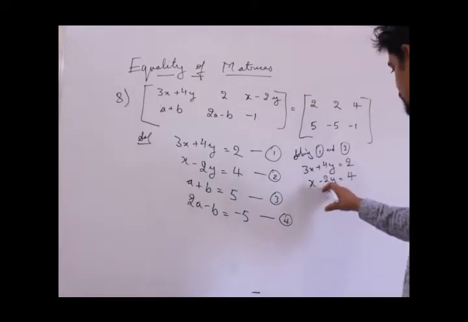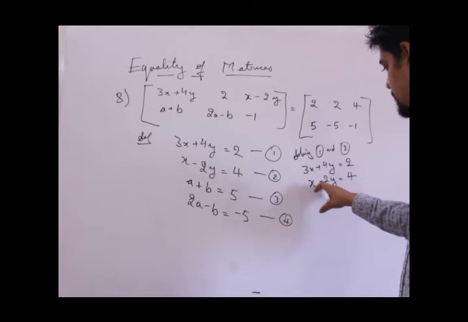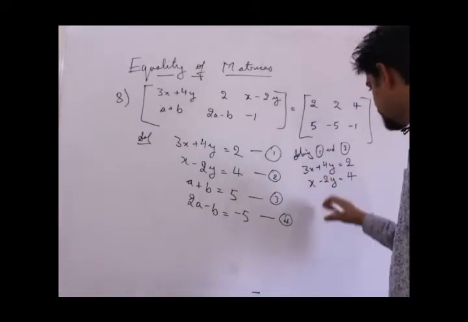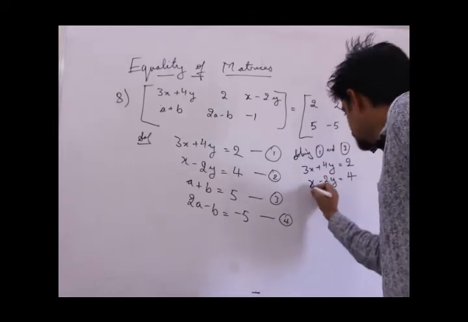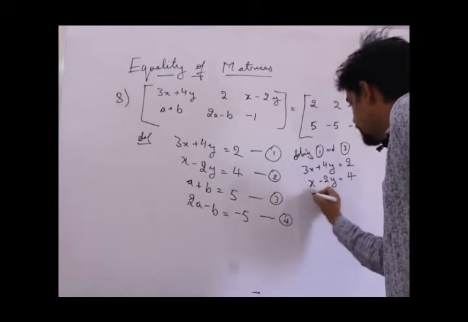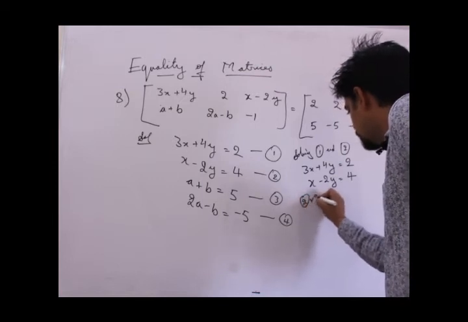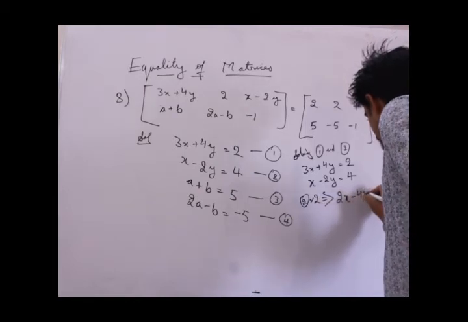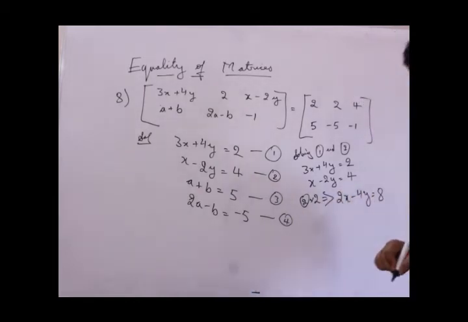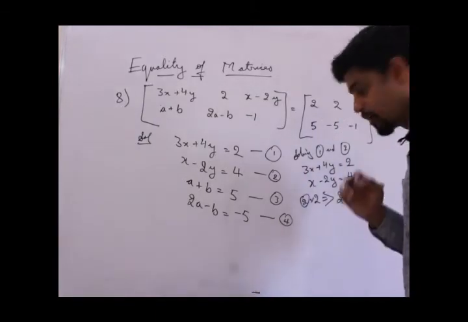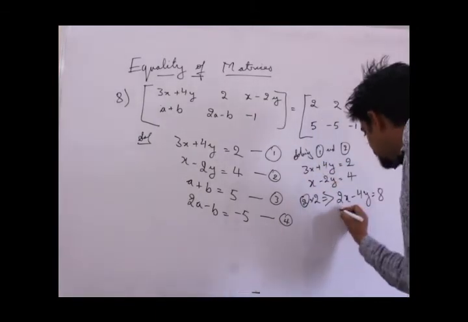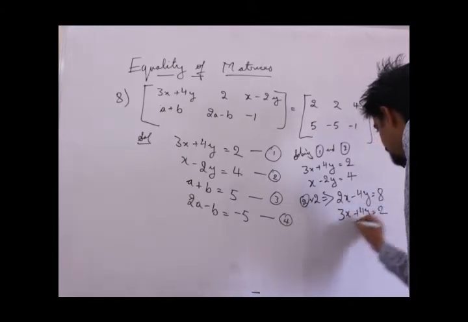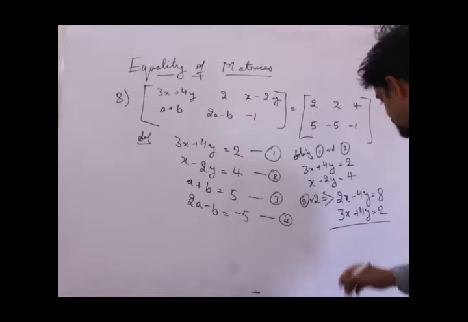Here I am going to use the elimination method. I need to multiply this with 3 or with 2 to get this eliminated. So I am multiplying it by 2. As I multiply equation 2 by 2, it will give 2x minus 4y is equal to 8. Okay, I hope you're getting it. Now bringing the first equation, 4y is equal to 2. Adding both the equations, what will you get?